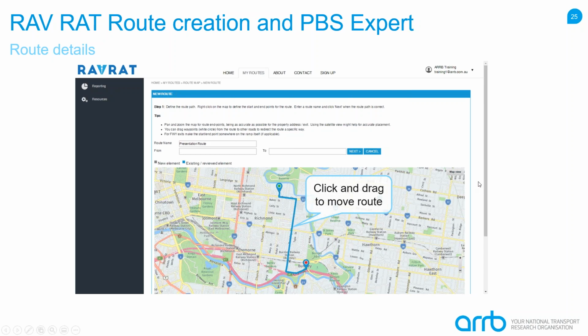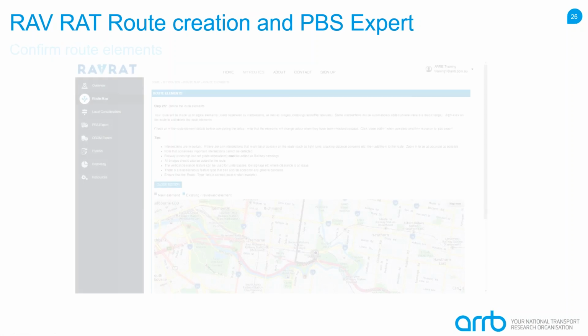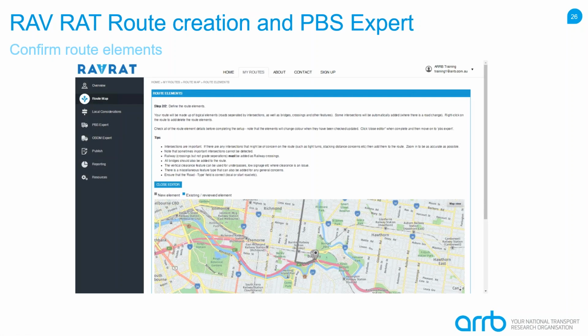So once we've sorted out the routing of the journey, we can just click the next button up here. And once we've clicked it, it'll basically finish the route creation, and then we can come back to this route at any point and continue working on it.